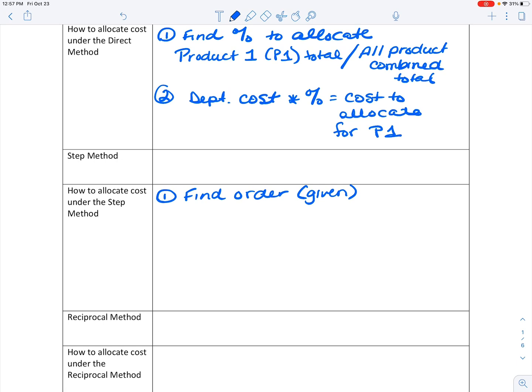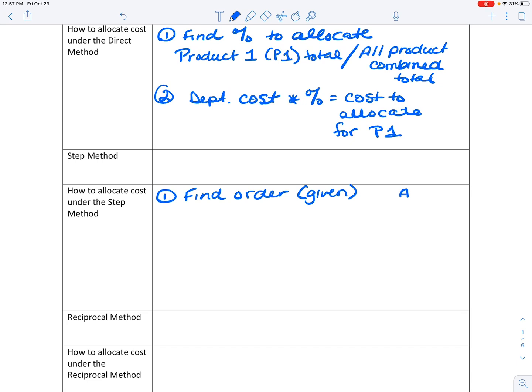And then depending on how that order is established, costs will never trace back. So a service department cost, once they've been allocated, nothing can be allocated back to that original service department.